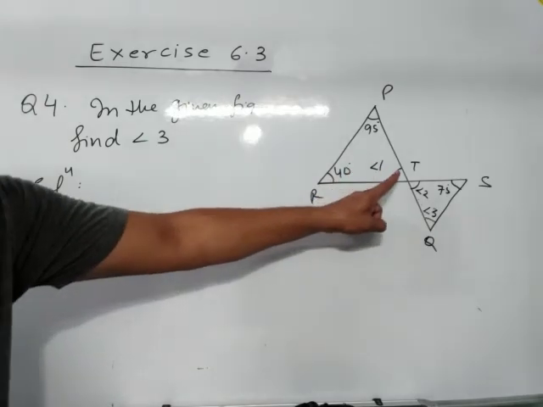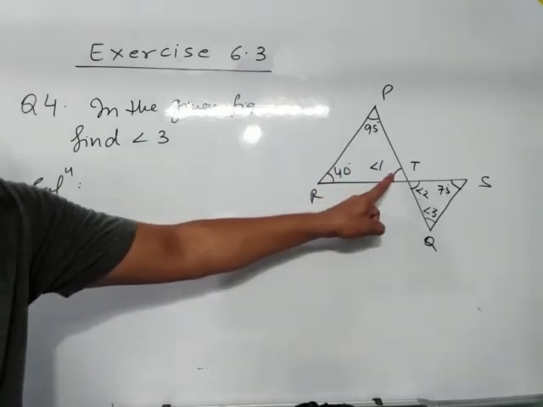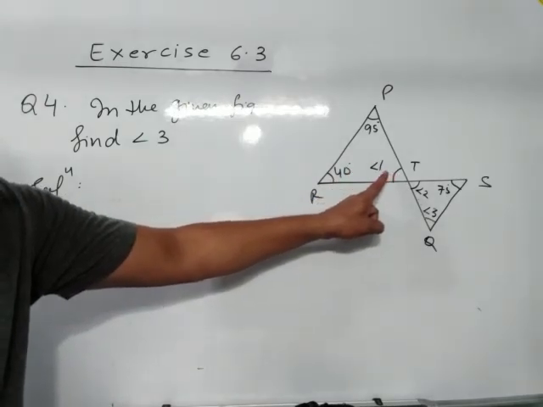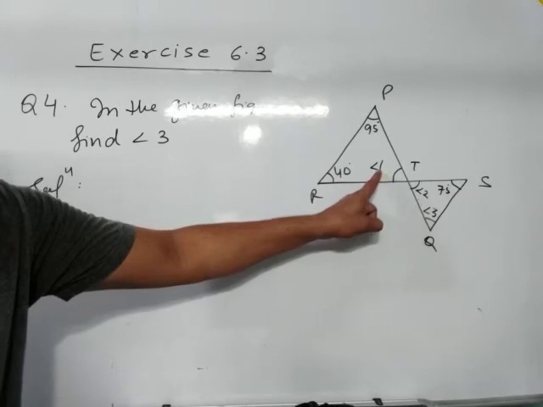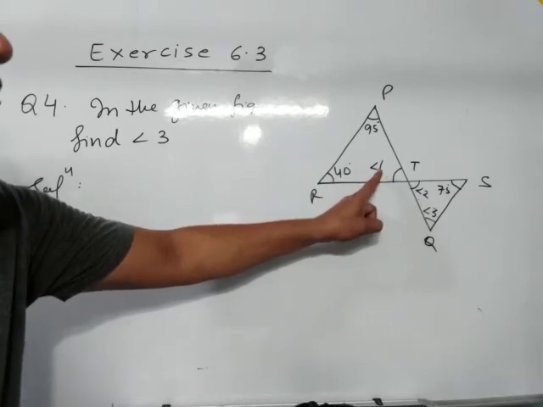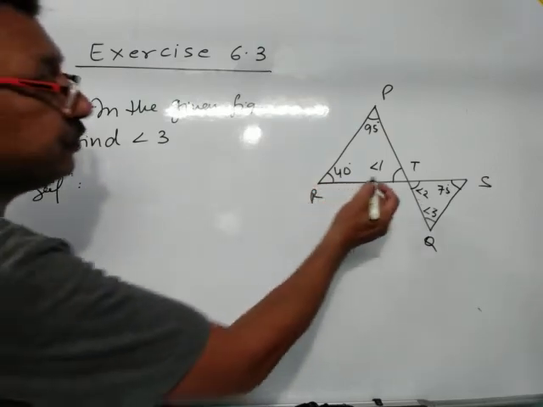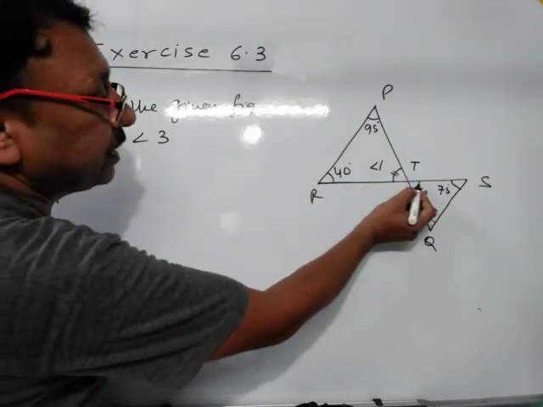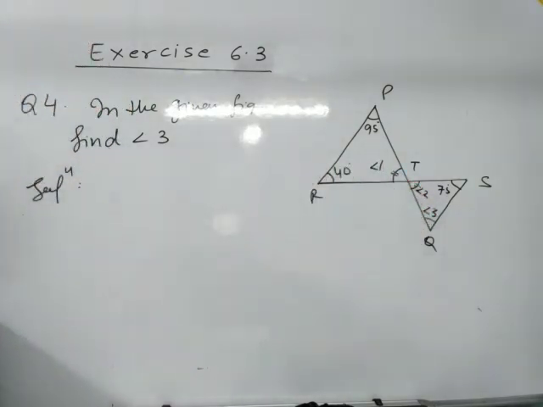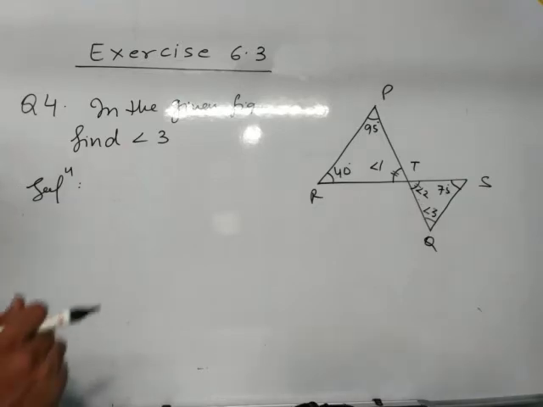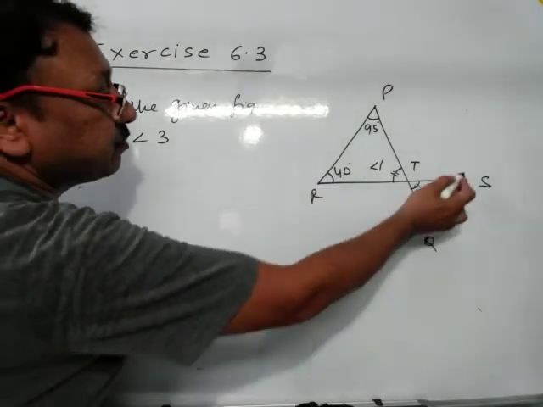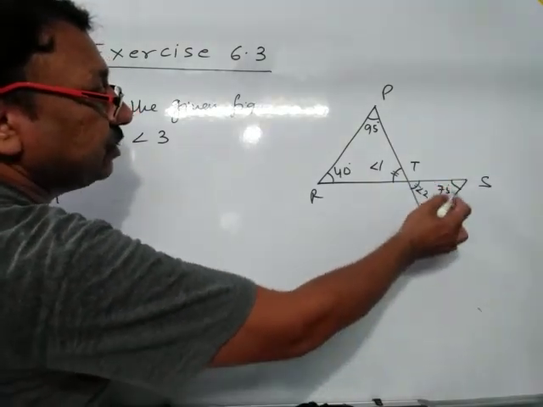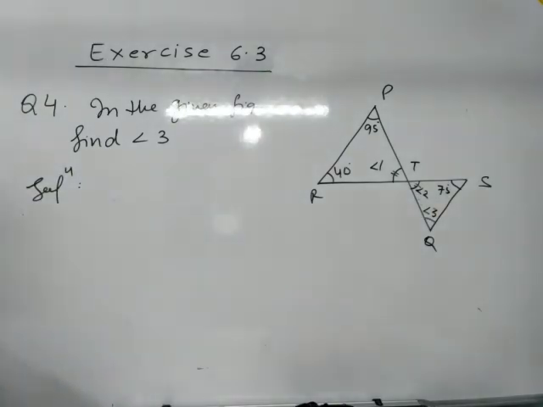So you will find angle 1 by the angle sum property of a triangle, the sum of the three angles of a triangle is 180 degrees. Then, with the value of angle 1, you can get angle 2, which will be equal because of vertically opposite angles. And again applying the angle sum property in the other triangle, you can find angle 3.